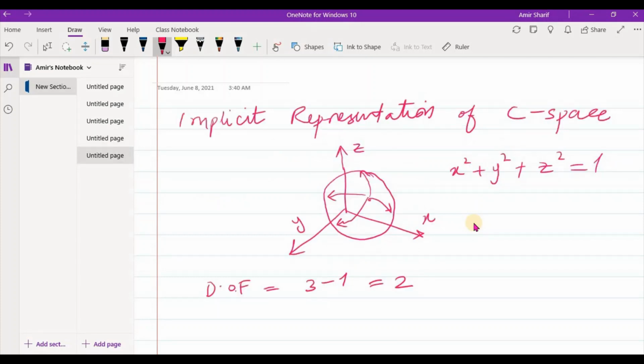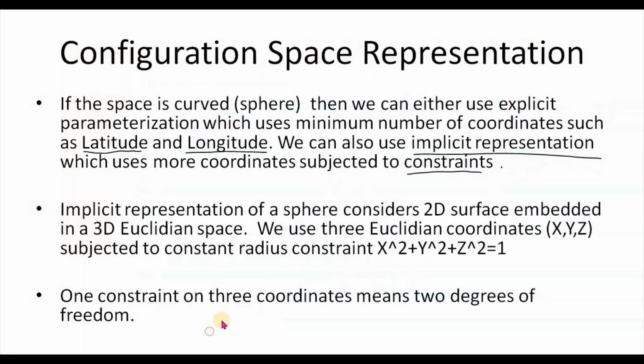And the other method, using implicit representation of C-space, we use more coordinates, like 3-dimensional coordinates, to represent a 2-dimensional sphere. Okay, so this is another type of representation. 1 constraint on 3 coordinates means 2 degrees of freedom. So it means the sphere will have 2 degrees of freedom.